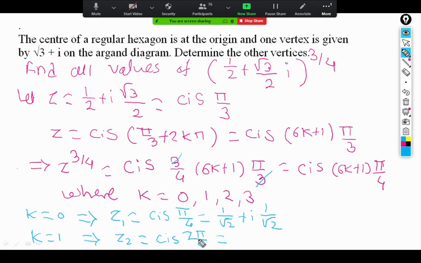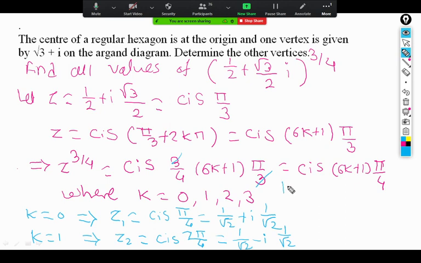Yes, sir. So in the fourth quadrant, is x positive or negative? X is positive and y is negative. So you will get the answer 1 by root 2 minus i 1 by root 2. Y is negative there, no? So x is 1 by root 2 and y is minus 1 by root 2.